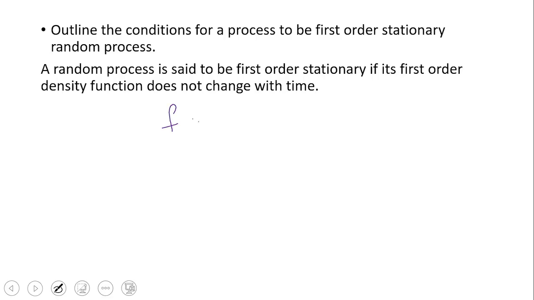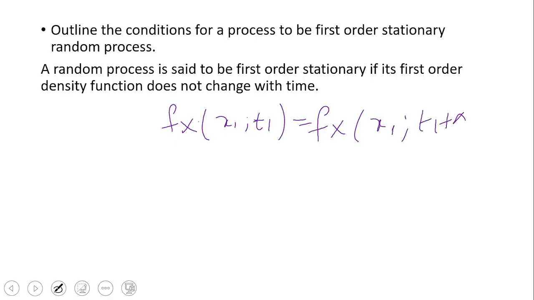The first order density function f_X(x1; t1) does not change with time, meaning that if you replace t1 with t1 plus delta t, there won't be any change.